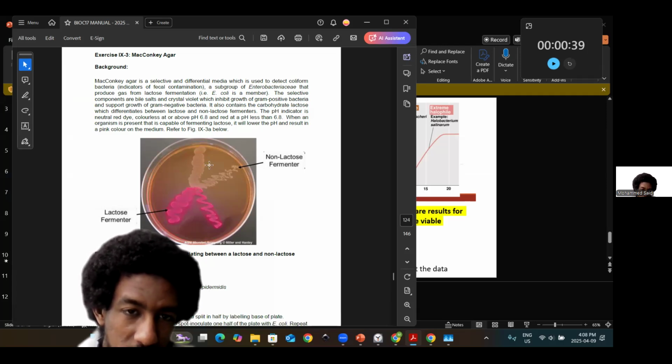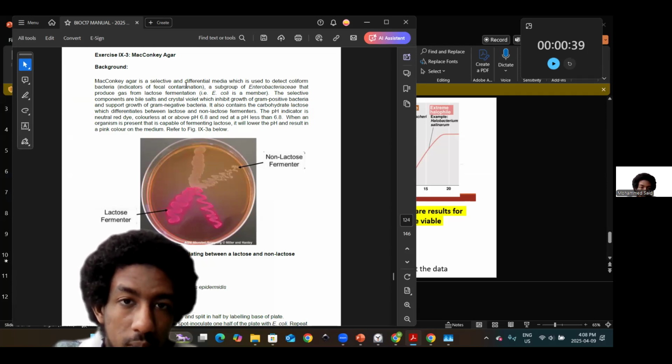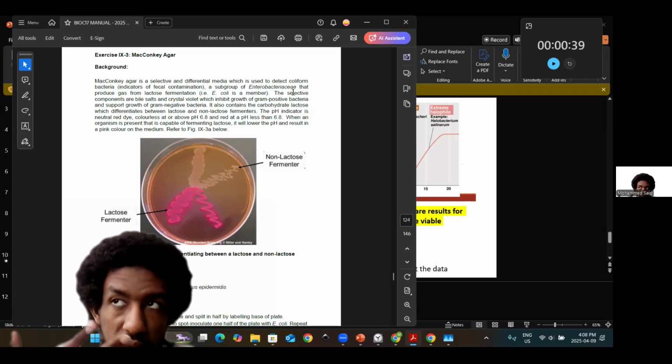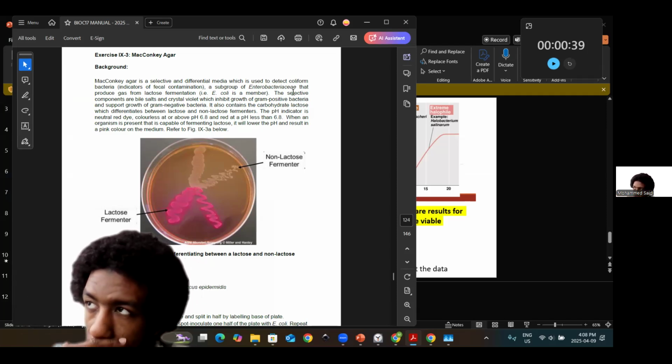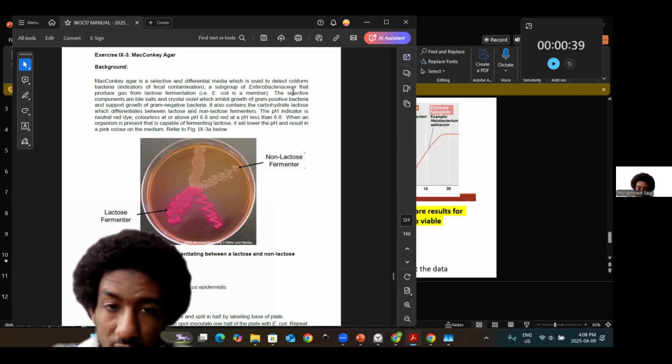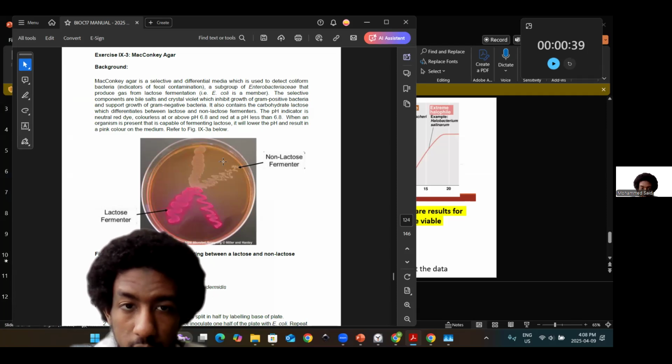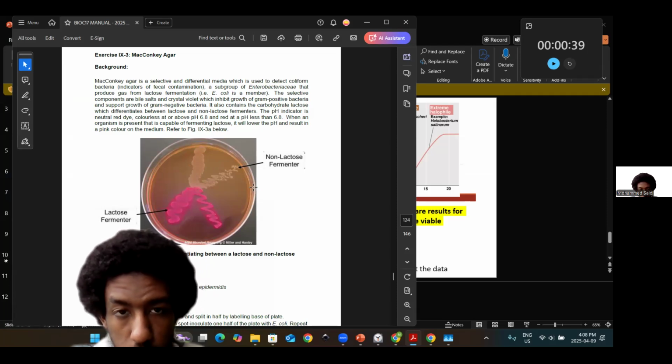So just to highlight this, let's say from the Enterobacteriaceae genus, if you had other bacteria, let's say those that were gram negative, but essentially did not ferment lactose, then you would probably see a clearish hue that appears more yellowish.